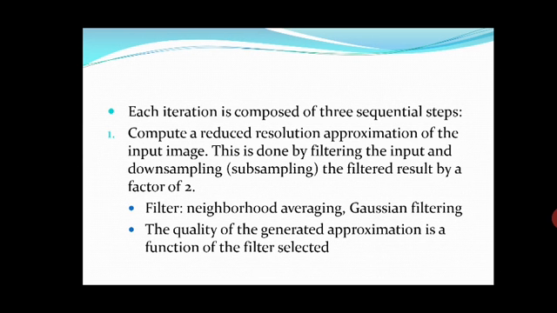We take a factor of 2 because the levels are considered in the form of 2 raised to j. Downsampling means we are dividing the image, from 512 to 256, 256 to 128, 128 to 64, 32, 16, 8, 4, 2, 1, likewise. That is the basic operation we are performing here.